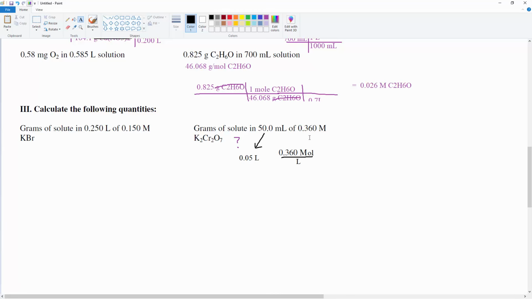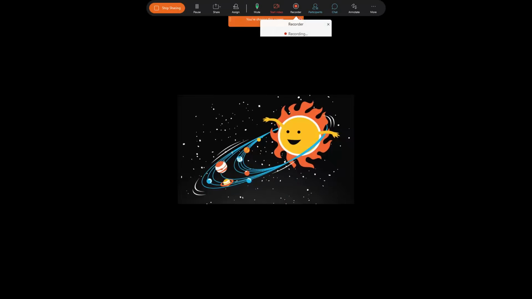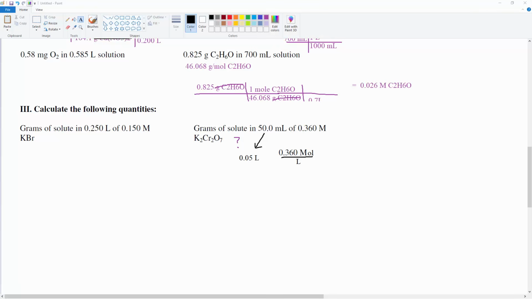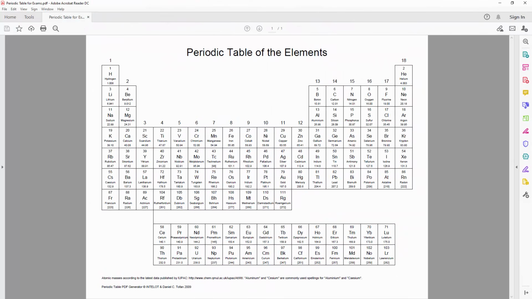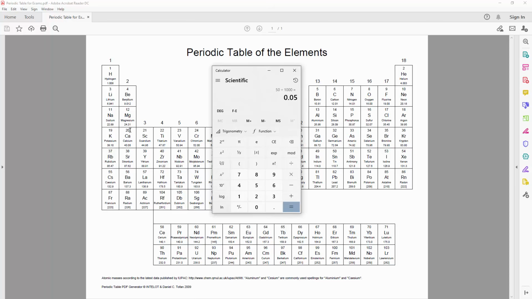And now she notes I'm going to need the atomic mass units, or the molar mass, of K2Cr2O7, because here I've got the number of moles in a liter and I know the number of liters, but they want the grams. So here we go. K2Cr2O7. Drag my periodic table back over. I don't know if you guys can see these numbers, but here K is 39.1, so 39.1 times 2, plus 2 chromiums.